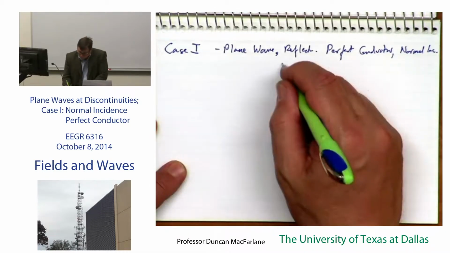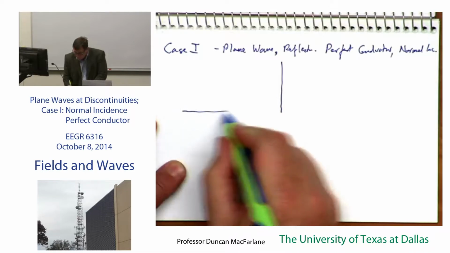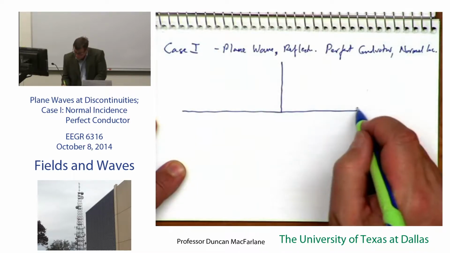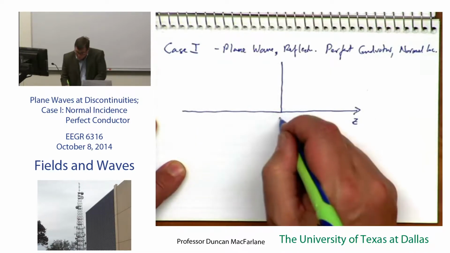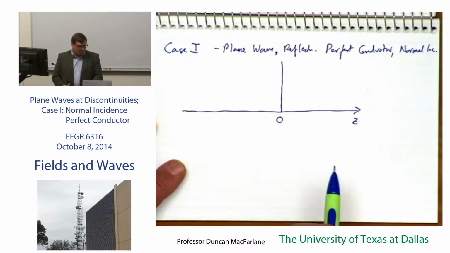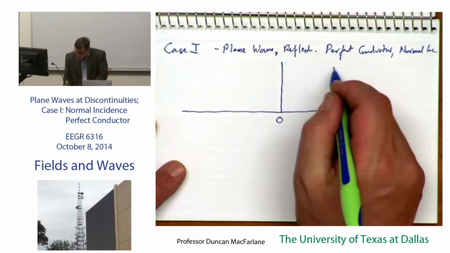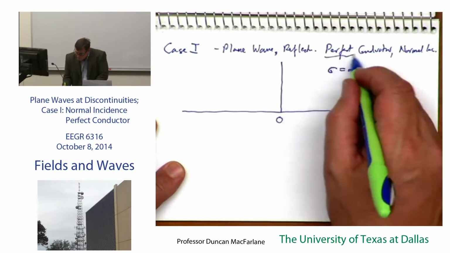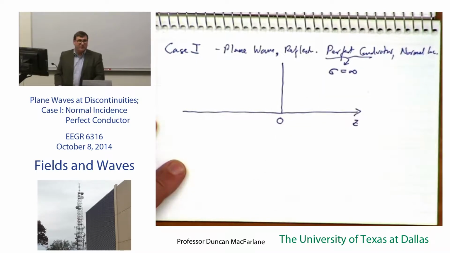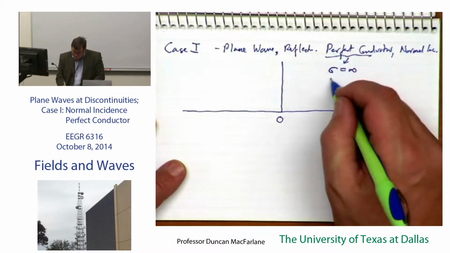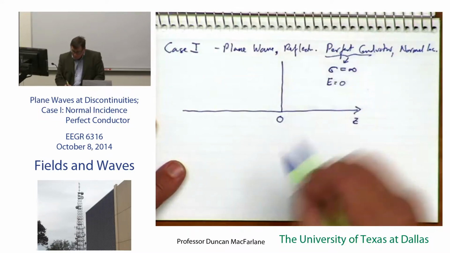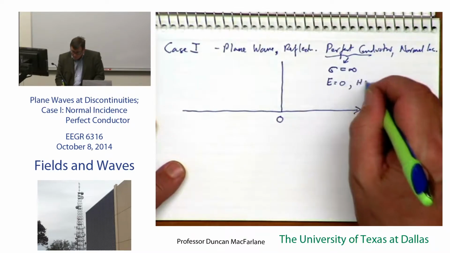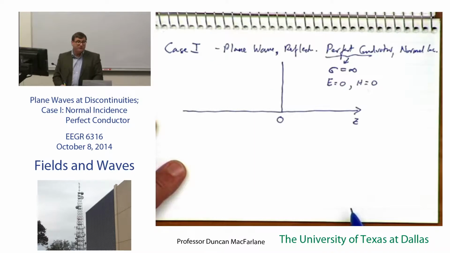So, z equals 0. Here I'll have a perfect conductor. So that sigma is equal to infinity. And if that's the case, my E will equal 0. My H will equal 0 in material 2.